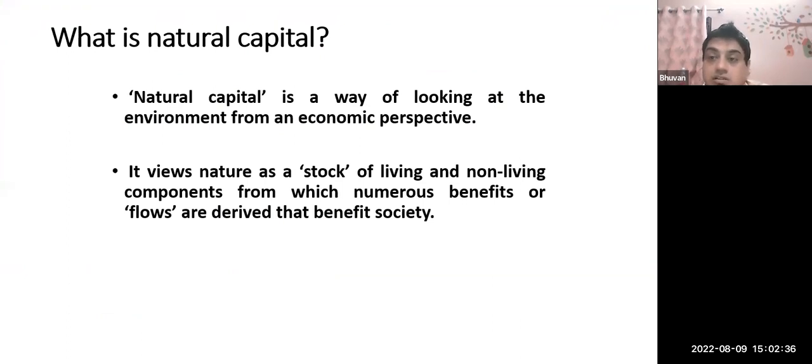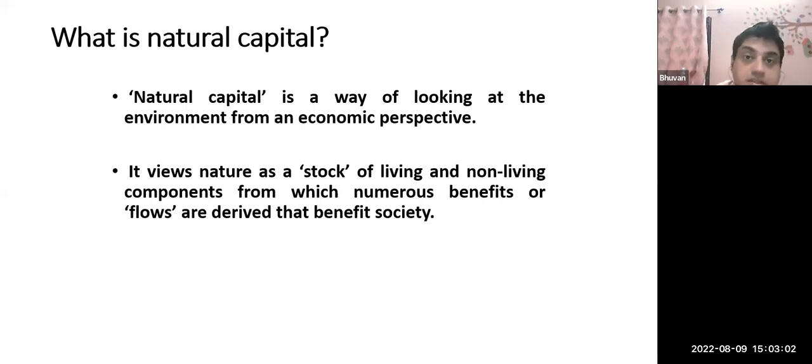They can be goods or services, and these benefits are for human society and human well-being. Therefore they are referred to as natural capital, which includes your energy resources, mineral resources, and also various other resources such as soil, forest, etc.